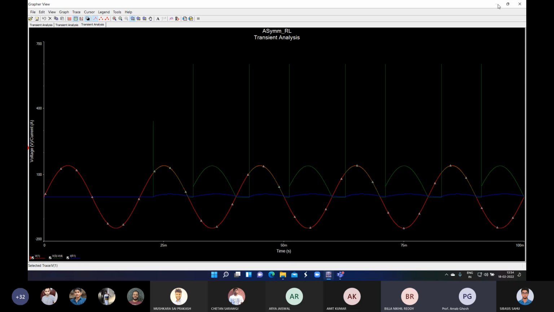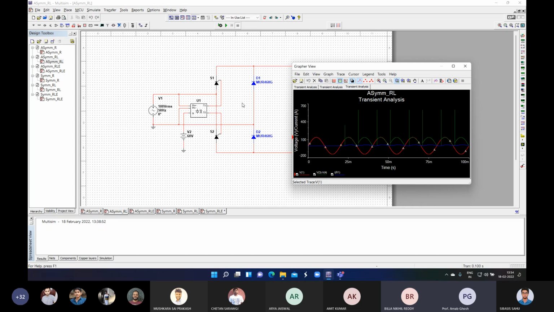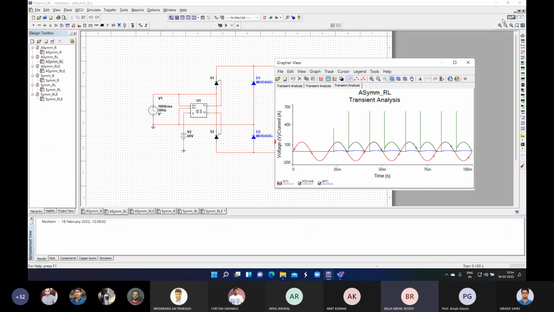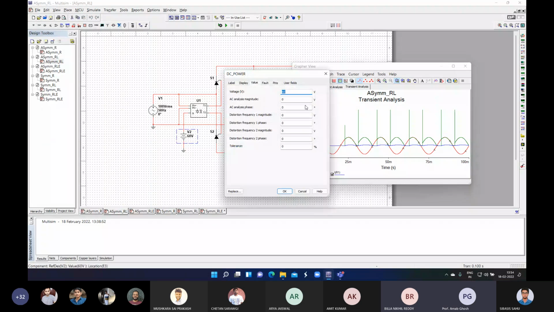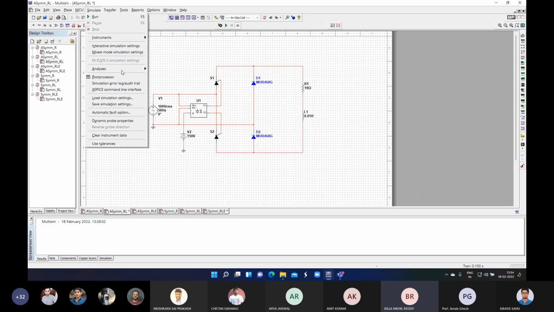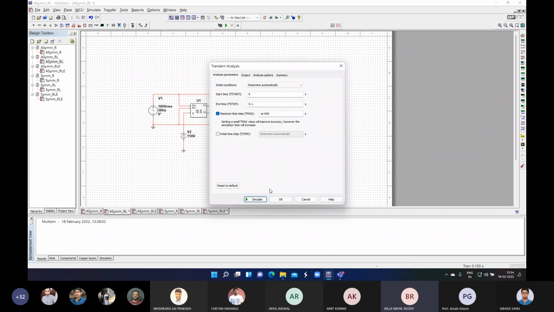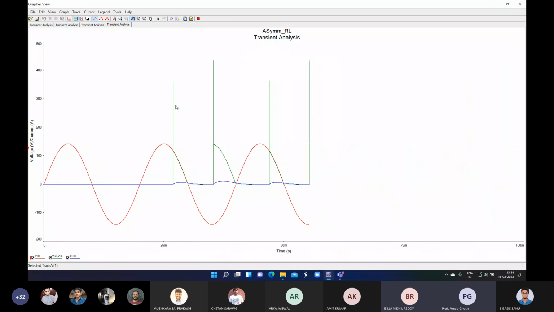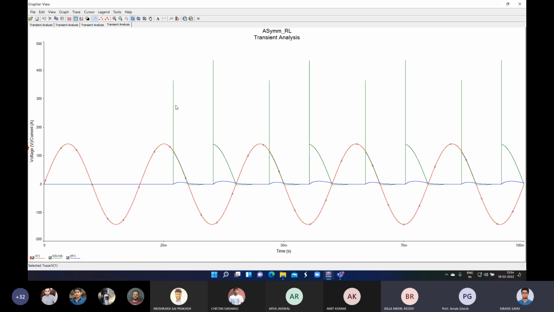And background, please change the color of the grapher background. Make it white. Now make the angle 150 degree. Yes, sir. This is for 150, sir.